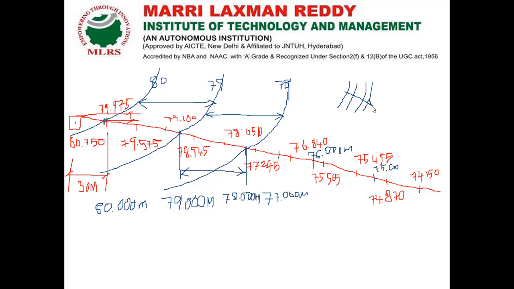Since the heights, 77, 78, 79, 80 meters, suddenly increase, it indicates the steepest ground. Likewise, there are some characteristics.